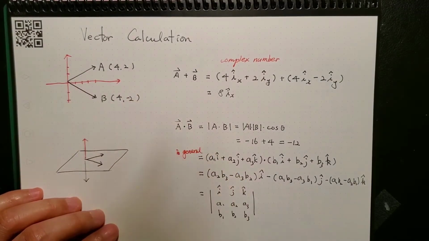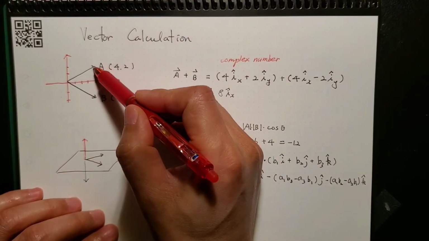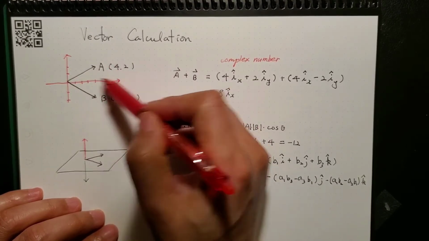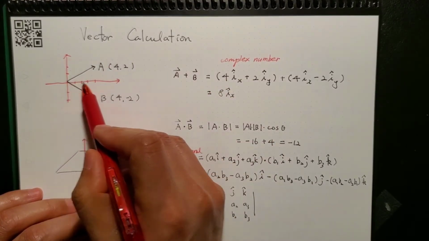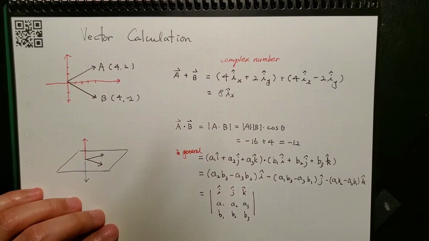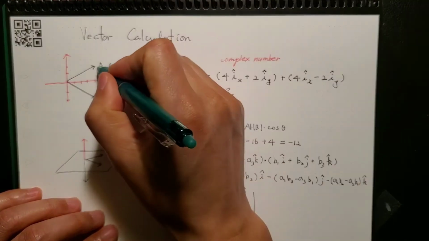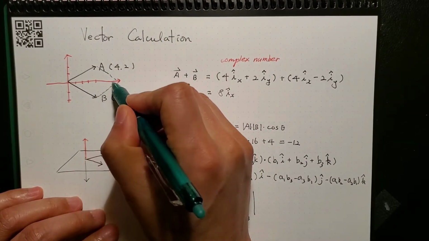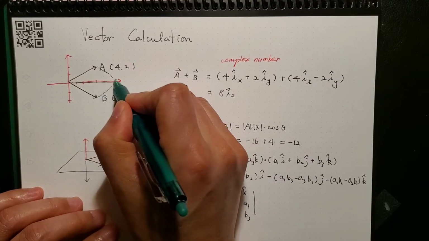When you add them up, you can use geometry, make up parallel lines and come up with the addition of the two vectors.